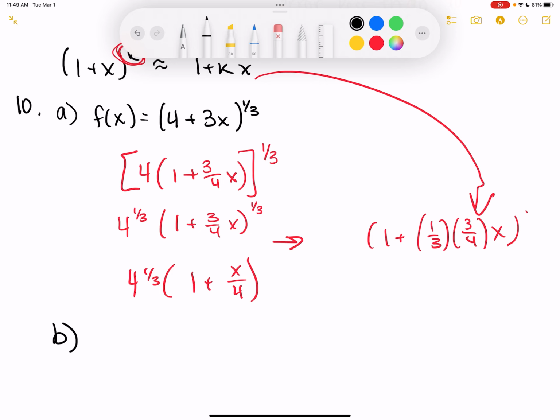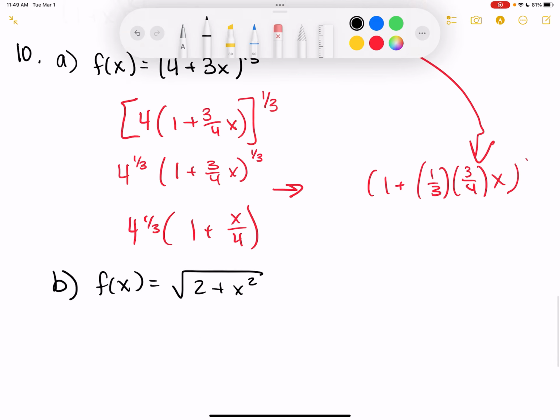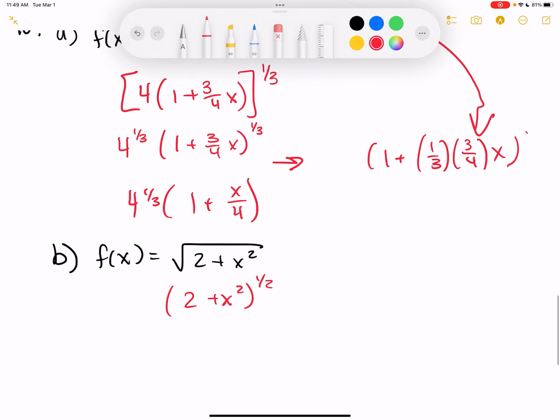Okay, so then B is f of x equal to the square root of 2 plus x squared. So then thinking about this one as 2 plus x squared to the 1/2, I need to take something out again because I still want it in this form of 1 plus x to the k.